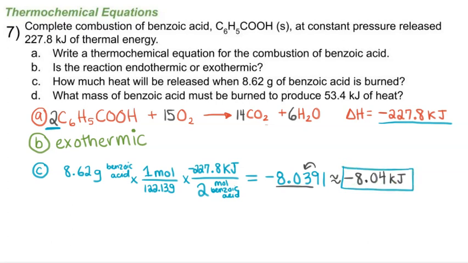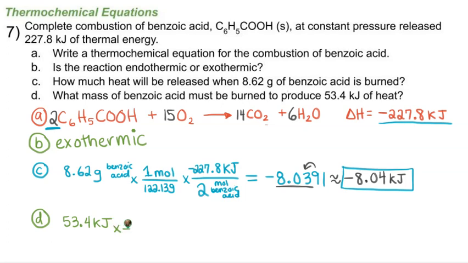And last but not least, in part D, we just need to calculate the mass of benzoic acid that needs to be burned to produce 53.4 kilojoules. So we'll start with 53.4 kilojoules, and we need to convert to grams or mass of benzoic acid.